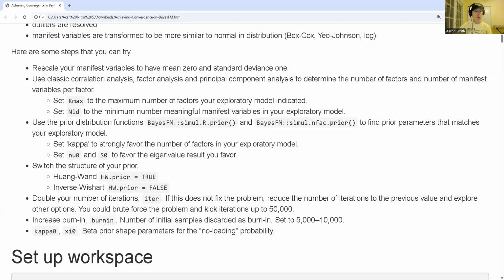Also, something that we could do, we could increase the burn-in. So in the burn-in, the Monte Carlo Markov chain kind of needs to get warmed up. And so here we're saying, hey, go through a bunch of iterations to get close to the distribution that we actually want. The first ones we're just going to completely throw away, not even consider them. So we could kick this up so that the Monte Carlo Markov chain has time to reach the distribution that we want.